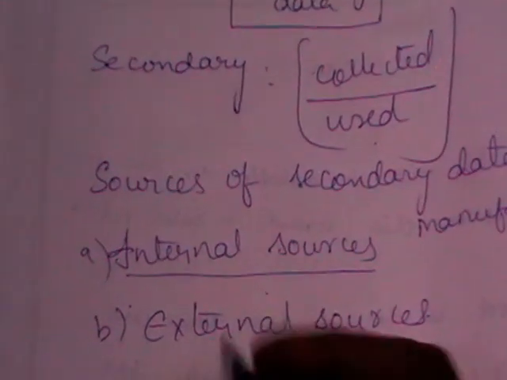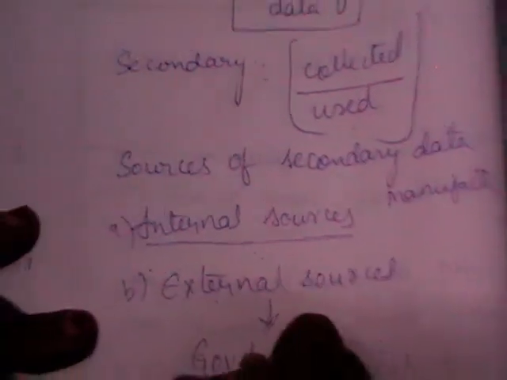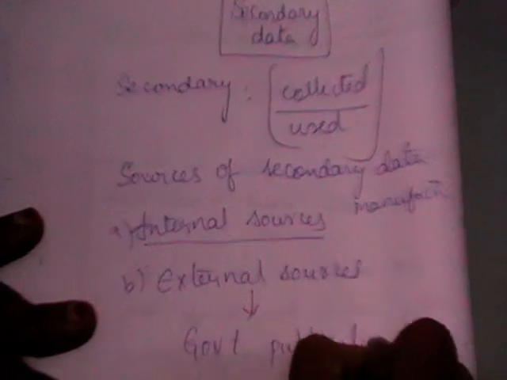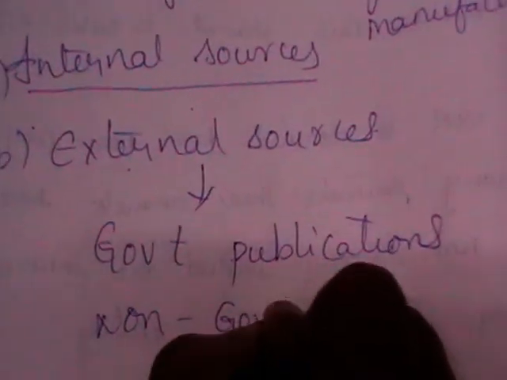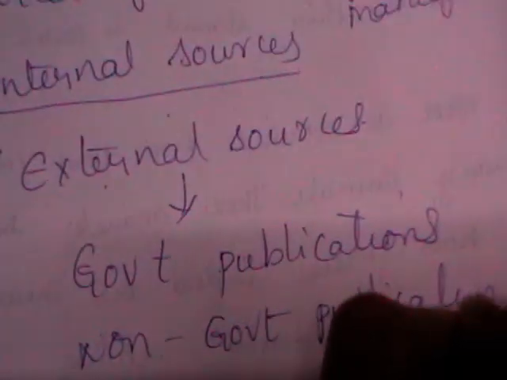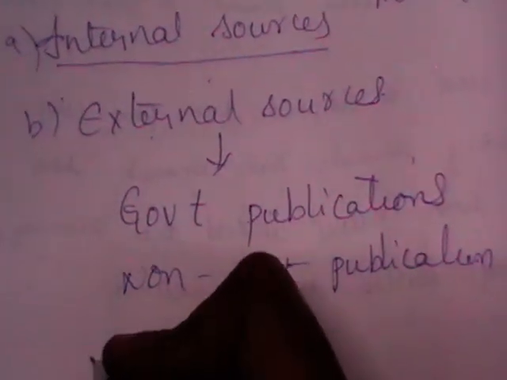Under external sources we have government records or publications and non-government publications. What are the government publications?